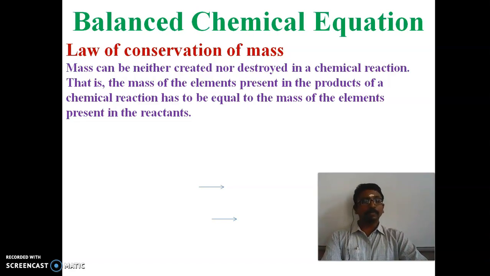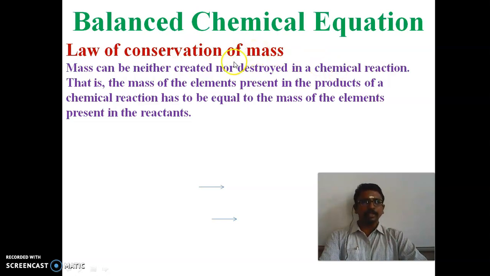You studied this law of conservation of mass in 9th standard itself. Mass can be neither created nor destroyed in a chemical reaction. It is known as the law of conservation of mass.